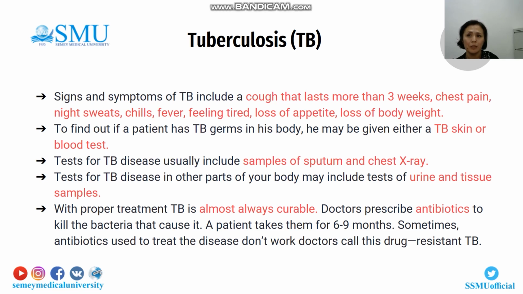With proper treatment, TB is almost always curable. Doctors prescribe antibiotics to kill the bacteria that cause it. A patient takes them for 6 or 9 months. Sometimes antibiotics used to treat the disease don't work. Doctors call this drug-resistant TB.